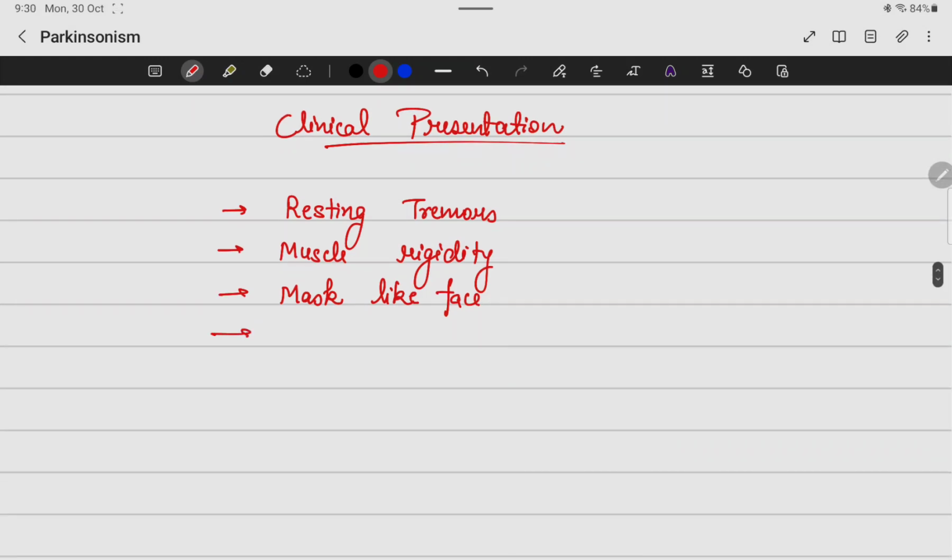Also, there is a characteristic gait of a Parkinson's patient, called shuffling gait. The posture of the patient is stooped.